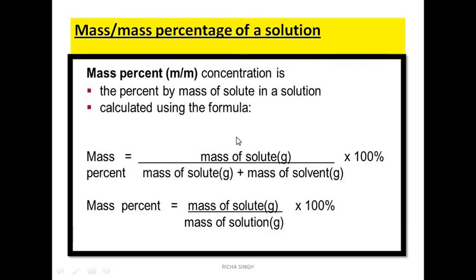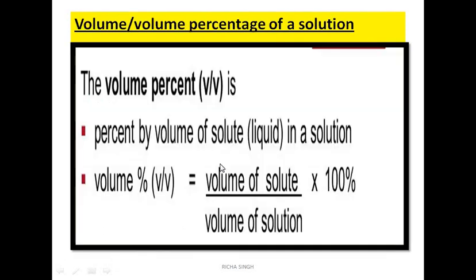Here both the masses are given and then mass by mass percentage can be calculated. Second way is volume by volume. If both solute and solvent are liquid, then you will be calculating volume by volume percentage. Here it will be volume of solute upon volume of solution into 100.